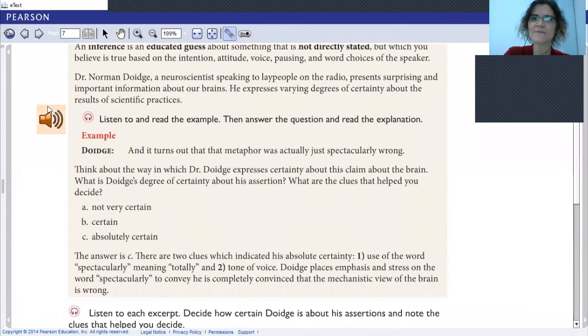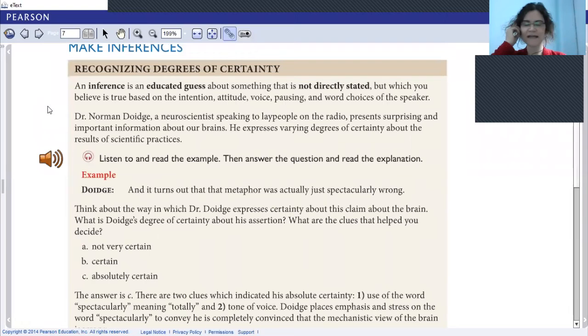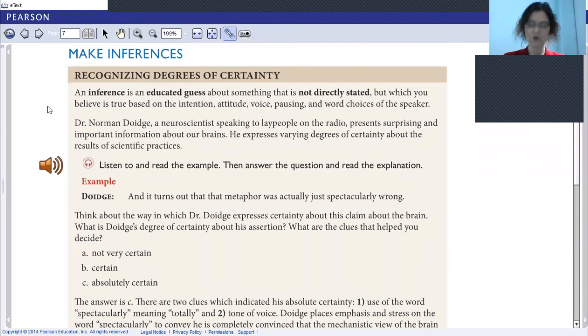This one talked about recognizing degree of certainty. Now, making inferences, you guys already know, you're smart people. You've been with me for already 2 years. You know that inferences is implied meaning. When you make inferences, you combine facts in order to get a conclusion.